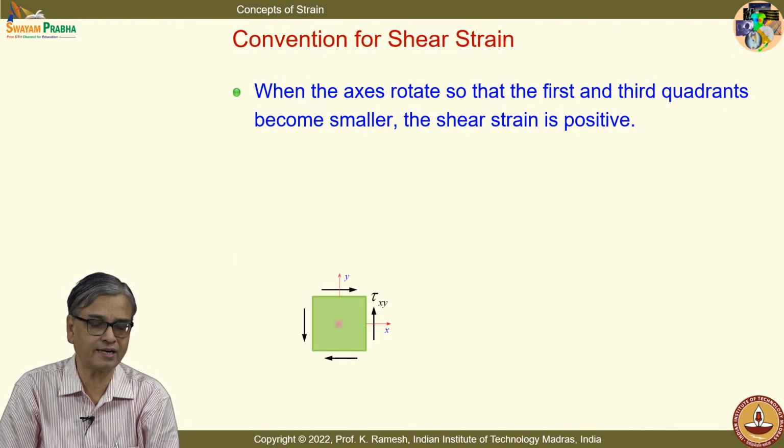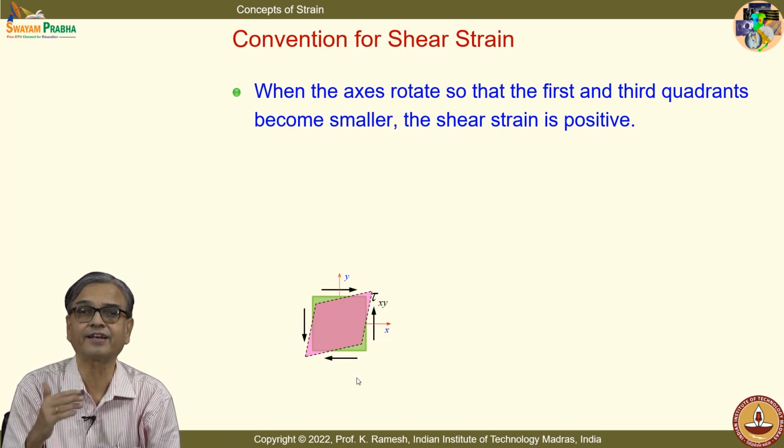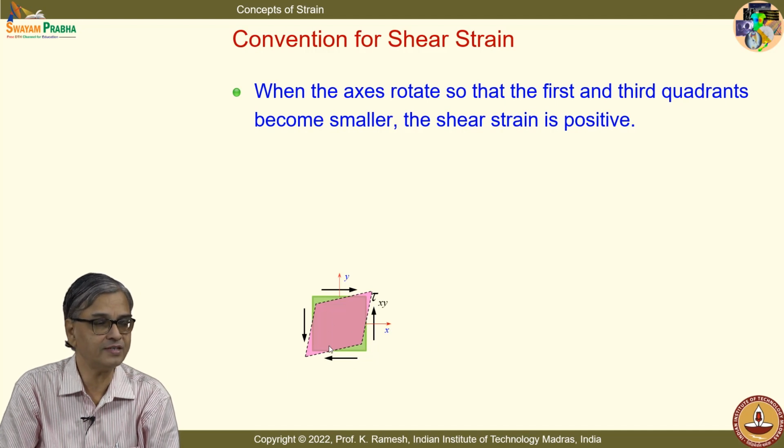See, we have looked at the convention for what is positive shear stress. A positive shear stress will introduce a positive shear strain. And what you have is, you make a neat sketch of this. Please make a neat sketch. But when you express it, the expression looks a little complicated to visualize. When the axes rotate so that the first and third quadrants become smaller, that is seen very clearly in the diagram.